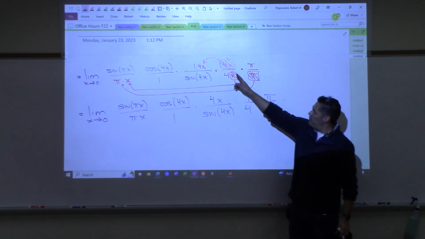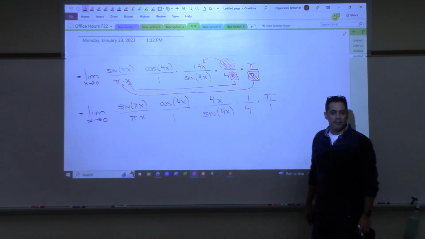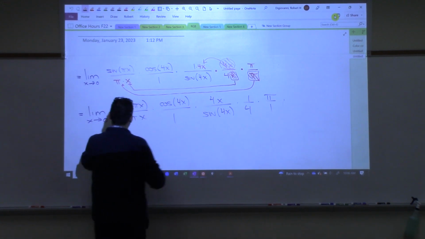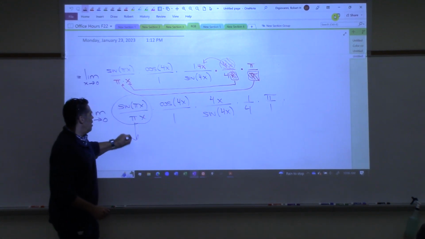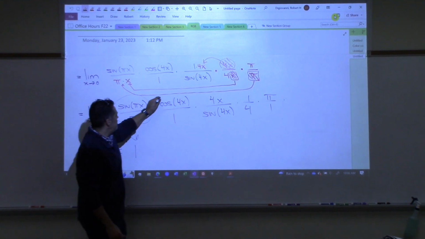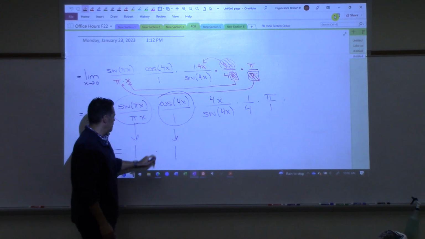We still had a 1/4, and we still had the pi over 1 here because we took that pi on the bottom and took it down there. And now everything should work. This goes to 1, right, equals. So we're saying equals. We're taking the limit now. This goes to 1, right?